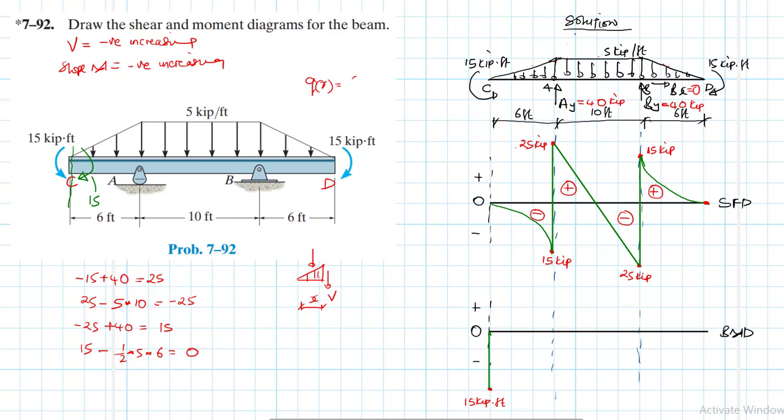To us, the gradient is 5 divided by 6, right, x, and the loading therefore becomes equal to half times 5 divided by 6x times x, which is equal to 5 divided by 12 x squared.